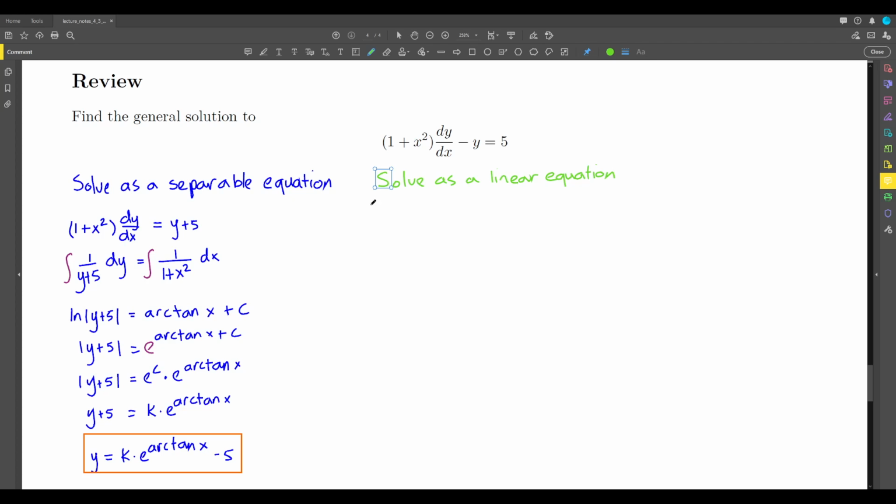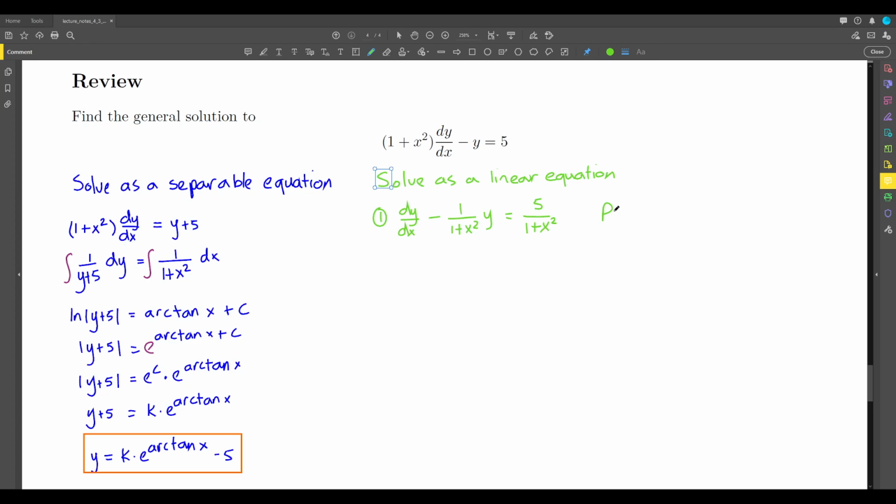So the first step is to write it in standard form, and we can do that by dividing by 1 + x². So we get dy/dx minus 1/(1 + x²) times y equals 5/(1 + x²).